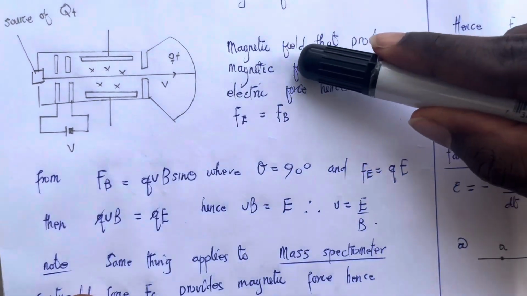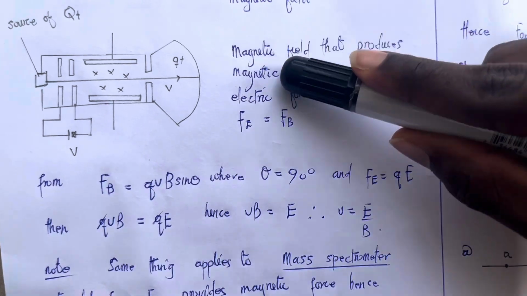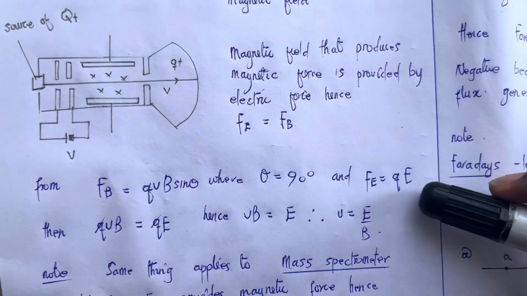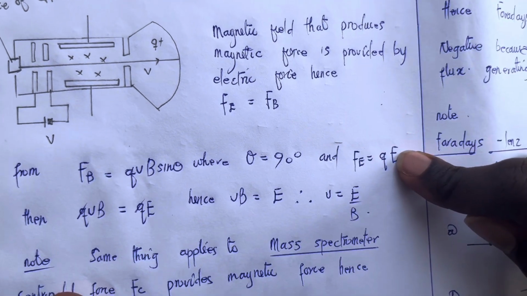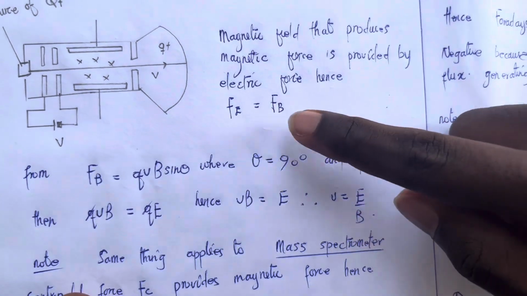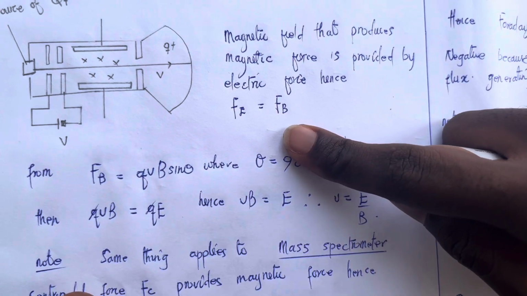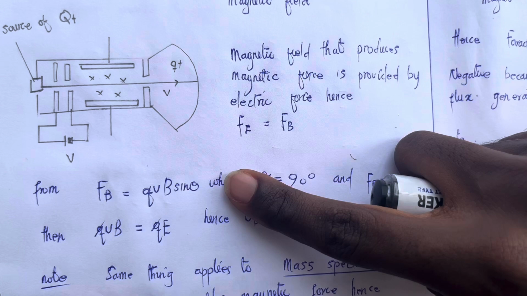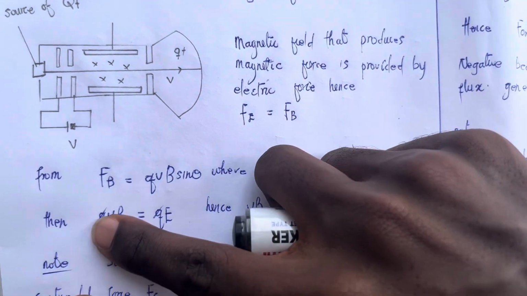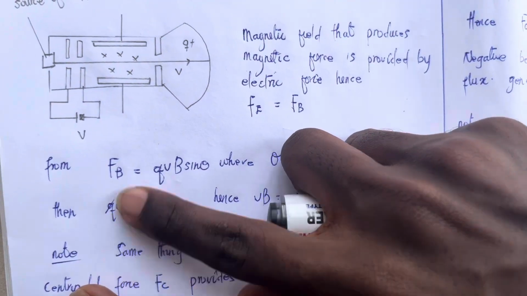Now, electric force is equal to QE. Since the electric force is equal to the magnetic force, we can equate the two, so QVB is equal to QE. We have charge on both sides, so the charges cancel out.